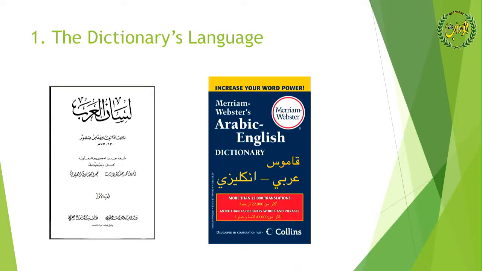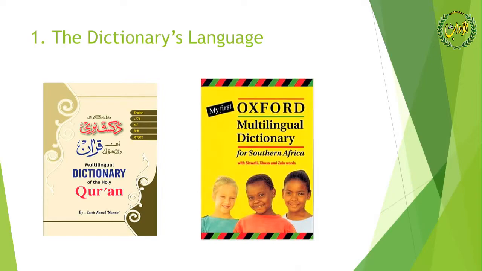To take an example, Lisan al-Arab is an Arabic dictionary. It has only 1 language, while the Merriam-Webster Arabic English dictionary has 2 languages, Arabic and English, so it is bilingual. But there are dictionaries that have more than 2 languages, 3 languages, sometimes even more.